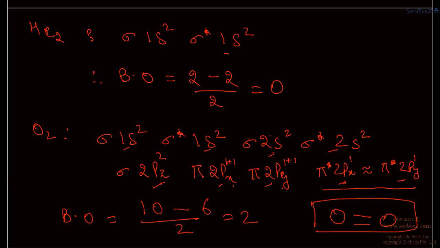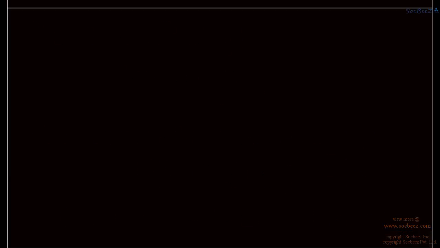Okay, so let's discuss 2 questions. There are 1 or 2 questions that have been asked on bond order, since they are good. So let's discuss them. First, let's discuss the question on VSEPR theory.